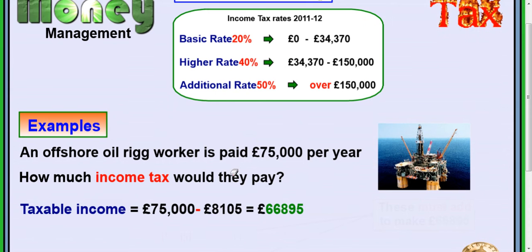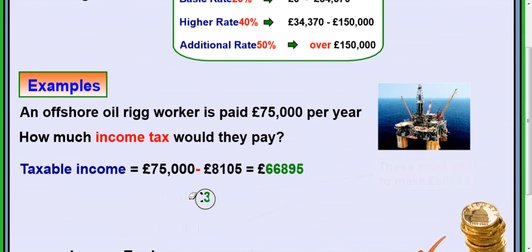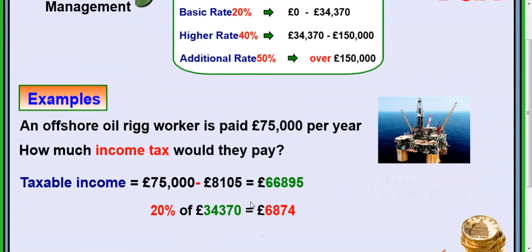Now, of this, the first 34,370 is taxed at 20%. So that's what we calculate. We calculate 20% of the first 34,370. Okay, so 20% of that, divided by 5 or so on, comes to 6,874.